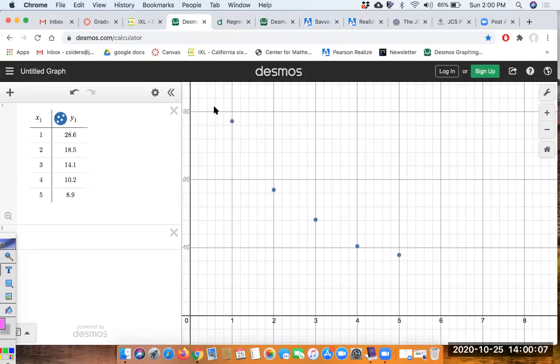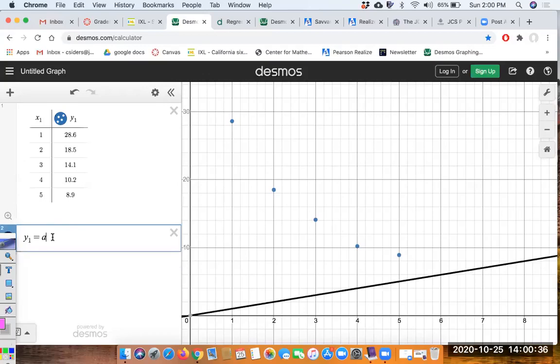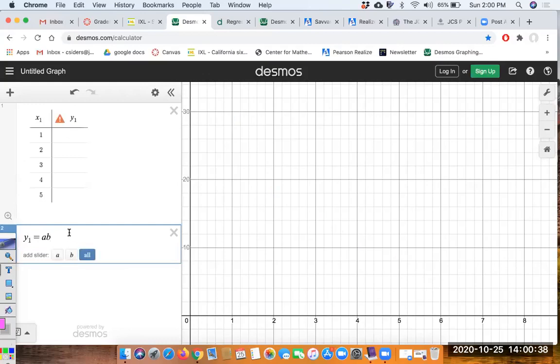So let's say it's exponential, right? And then you're going to click on the second line below your table, and we're going to put in an exponential model, like y is equal to a times b to the power of x. So y, but you need that sub 1. So you shift and your hyphen brings it down to a subscript, click off of it to get back, put in your equal sign, then comes a, then comes b.